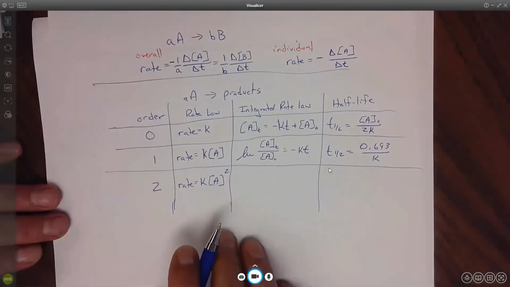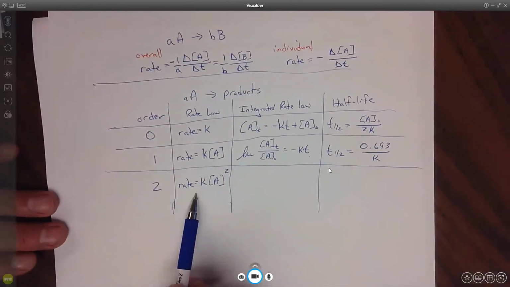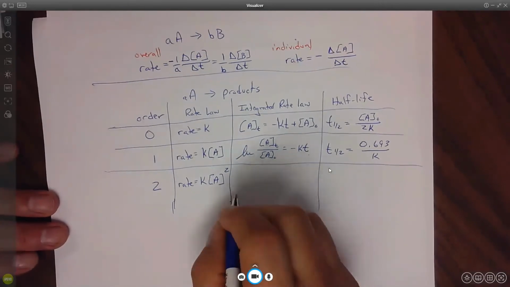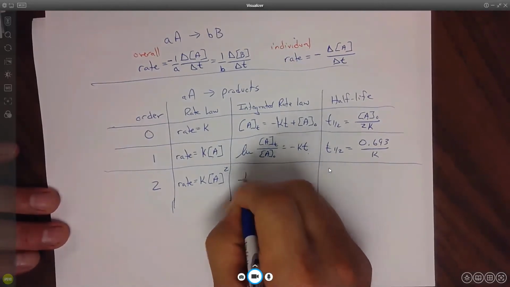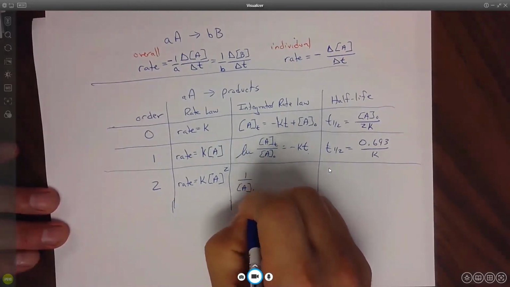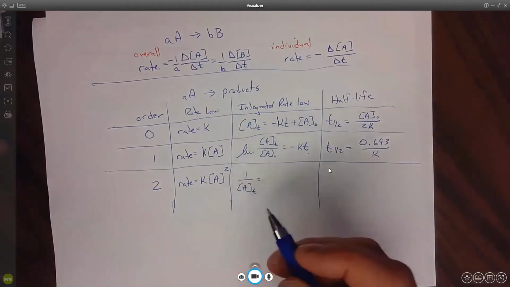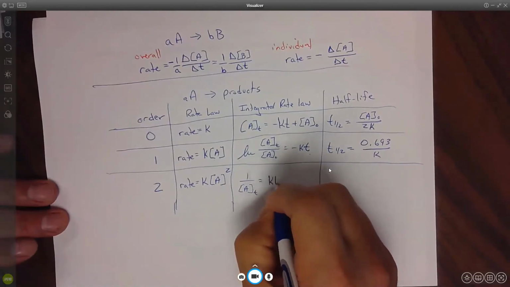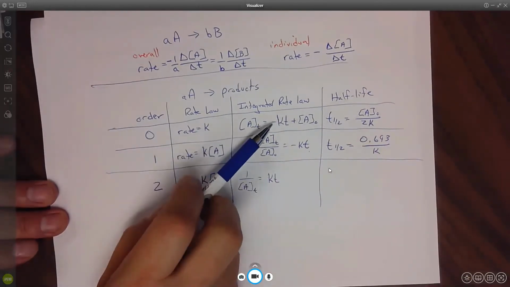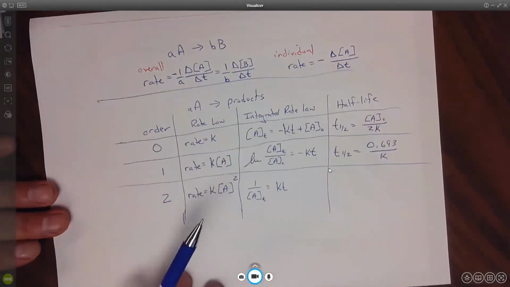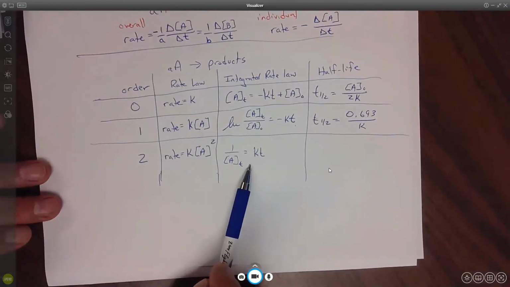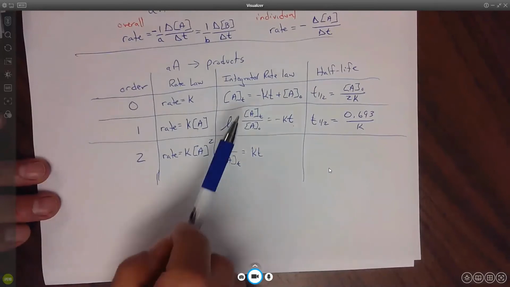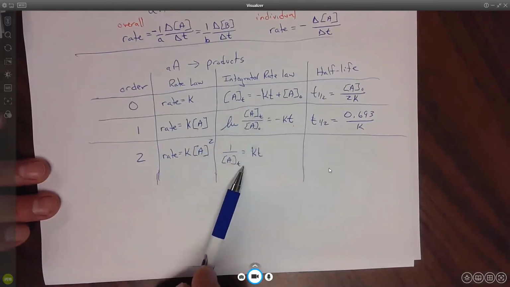And then doing the same thing again for this, using the rate of the individual component, we get 1 over the concentration at some time t is going to be equal to kt. Now notice both of these are negative kt's. And then this is a positive kt. So that's something to look at when you're memorizing these equations. These are both negative kt's and this is a positive kt.